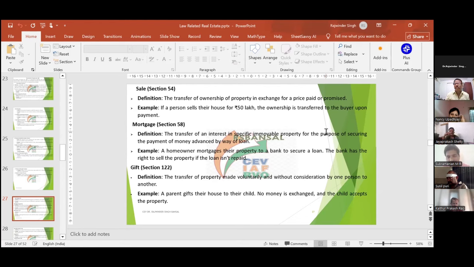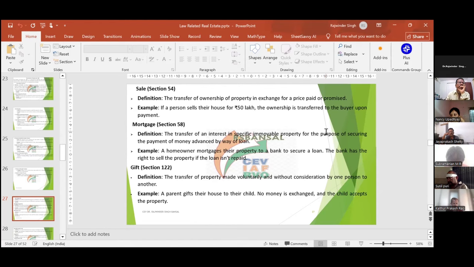Then mortgage. Mortgage is defined under section 58 of the Transfer of Property Act. In case of sale, all the interests are transferred to the buyer. But in case of lease, only certain interests which are mentioned in the lease deed are transferred to the lessee, not all the interests. See the difference between them.